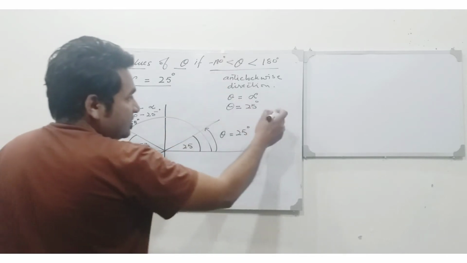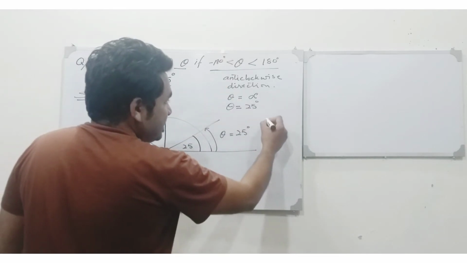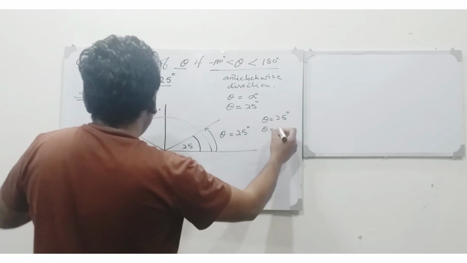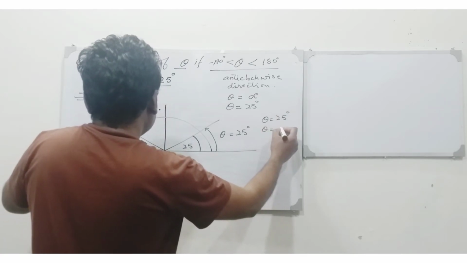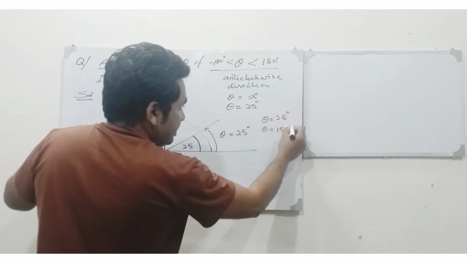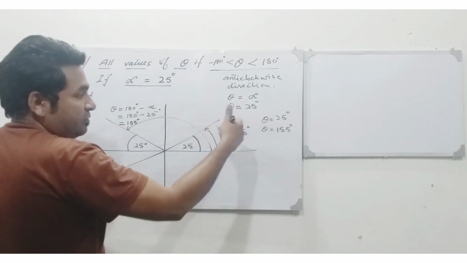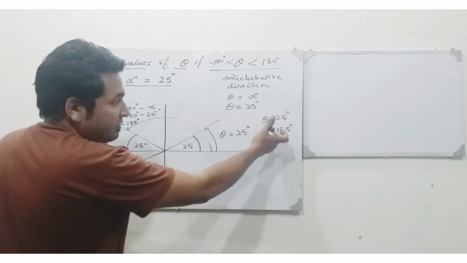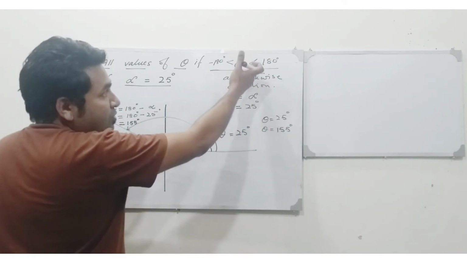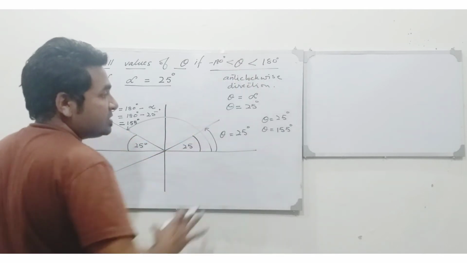So we have got two values for theta. One is 25, second is 155. We can't find more values, because they would not be in this range.